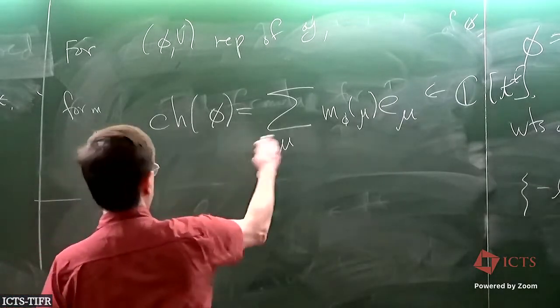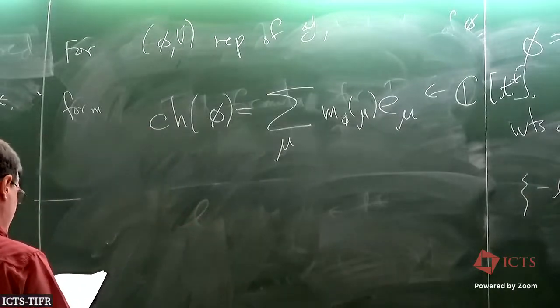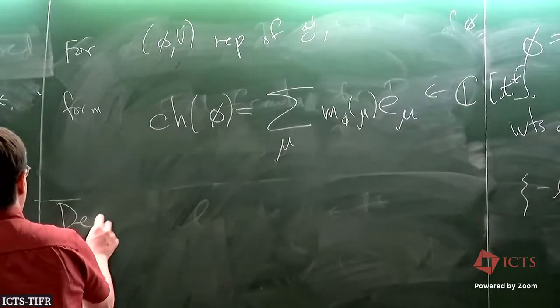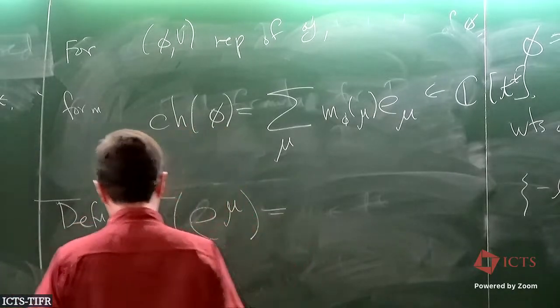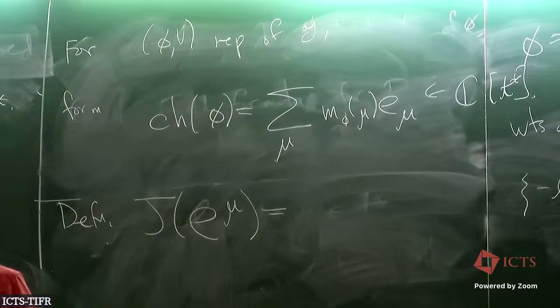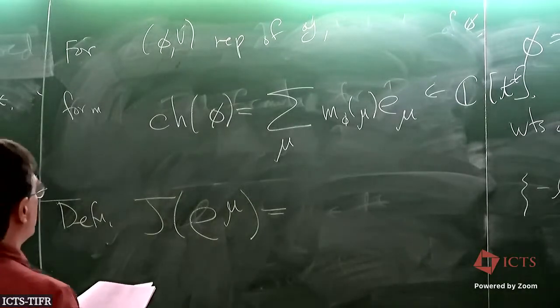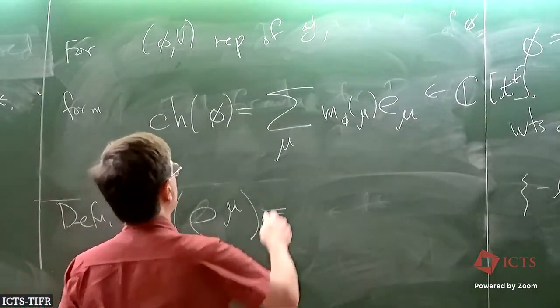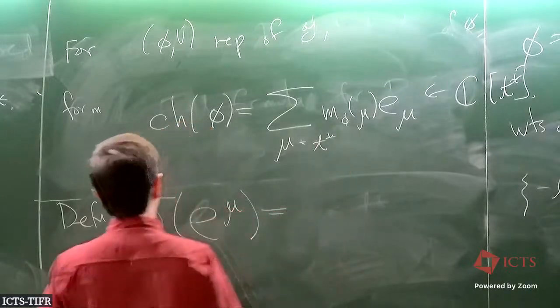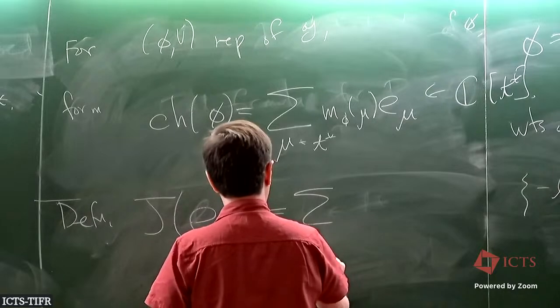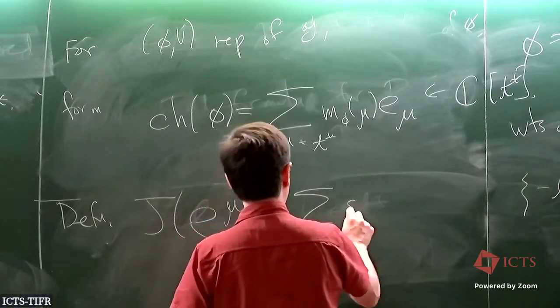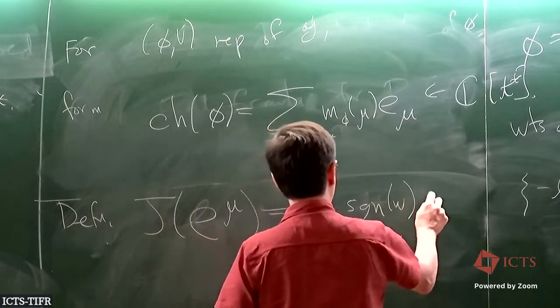There's one definition, part of the Weyl character formula. We also have, for a mu inside T star, J of e^mu, which is the sum over the Weyl group. The Weyl group appears.